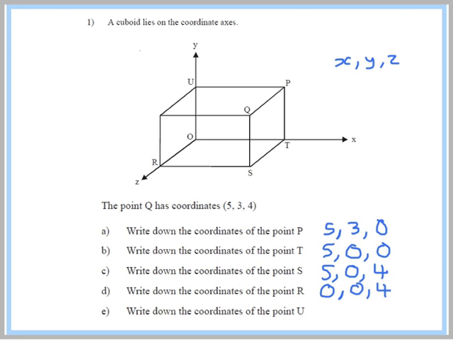Final one, write down the coordinates of the point U. Again, U's not gone along the x-axis, it has gone up the y-axis, and it's not gone along the z-axis, so I know that x and z are both going to be 0, and then the y coordinate must be 3.